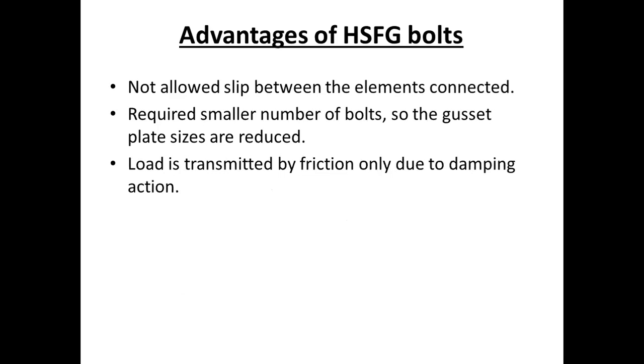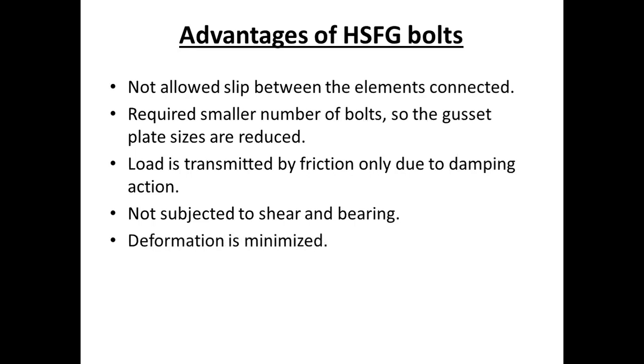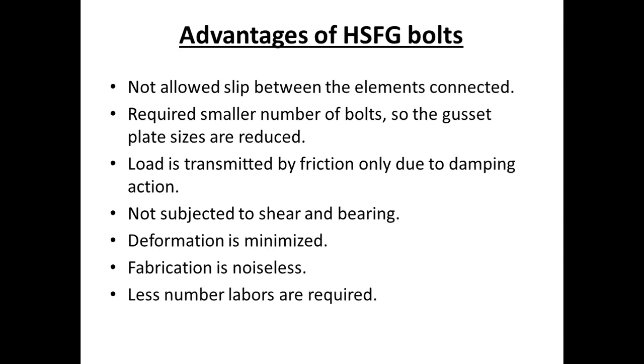Load is transmitted by friction only due to clamping action, not subjected to shear and bearing. Deformation is minimized because it's an HSFG bolt. Fabrication is noiseless, fewer laborers are required, and no heating is required.